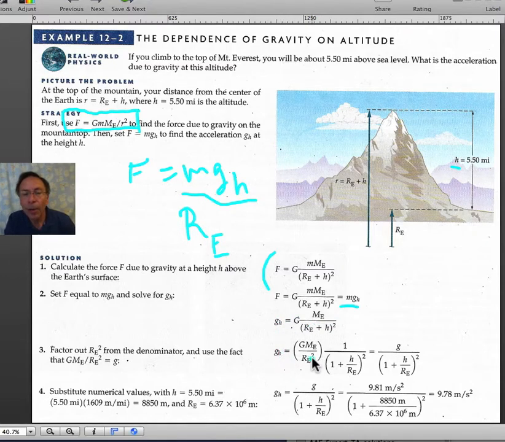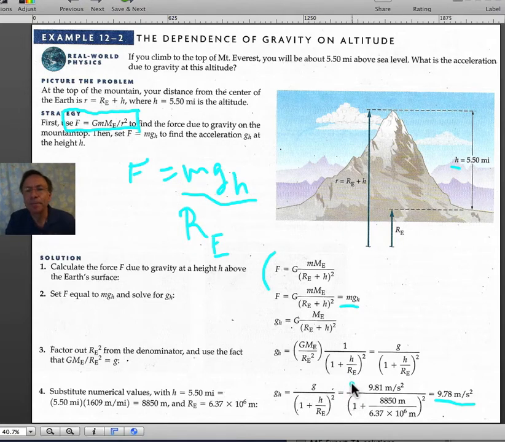And now they start plugging in numbers, and you get the answer, which is 9.78 meters per second squared. So I need you to understand this process. This is a good first problem for you to figure out.